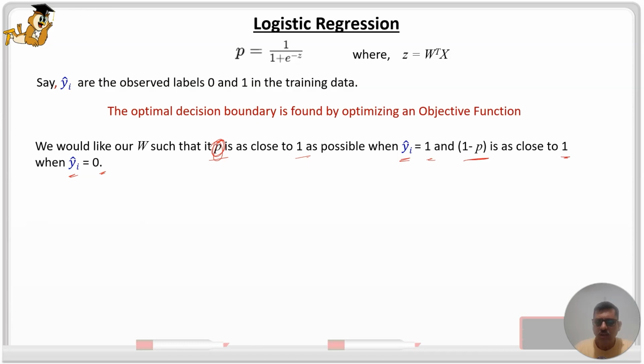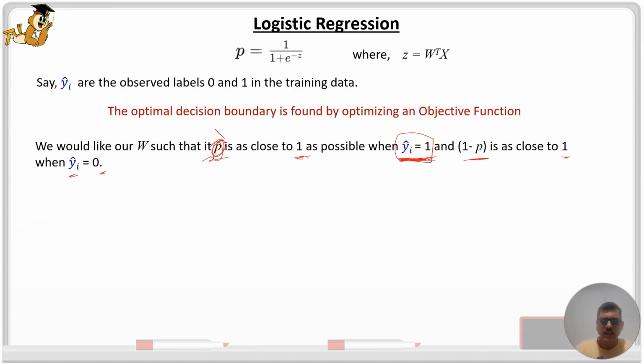If on a training point you had already observed that Y hat was 1, for that point you would like P to be as close to 1 as possible, because P equal to 1 is what classifies to that class, right?